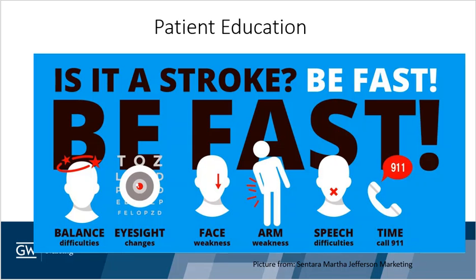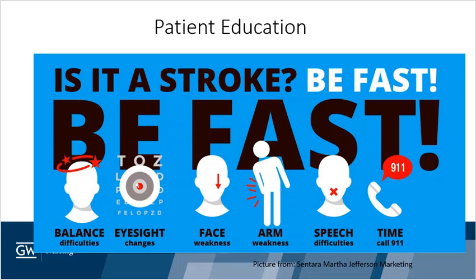BE FAST is a great acronym to be teaching your patients. So you would teach them BE FAST. Each one of these letters stand for something. So the B is balance difficulties. E is eyesight, so changes in the vision, right? F for fast is face. So all of a sudden they have a facial droop, or a weakness, or if they don't look symmetric, you're looking at them going, something's not right with your face, right?